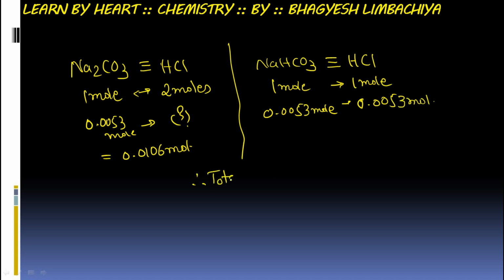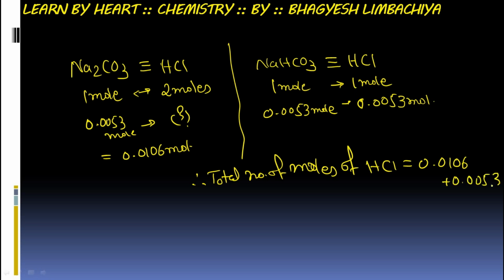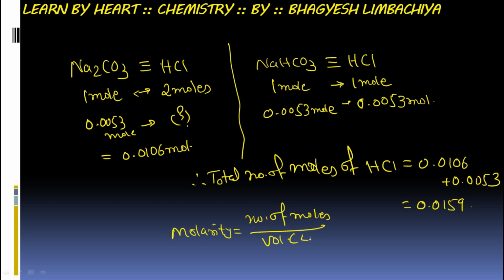So total number of moles of HCl which are required are the sum of 0.0106 and 0.0053, and by summation we are getting 0.0159. Now we know that the formula of molarity equals number of moles upon volume in liter.